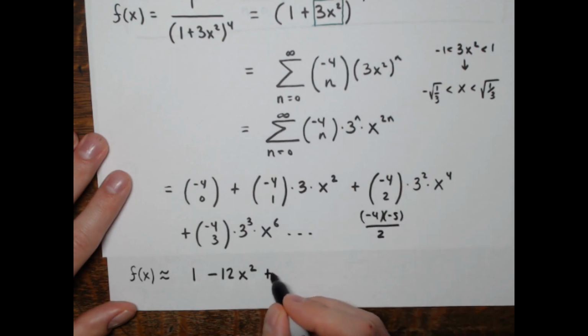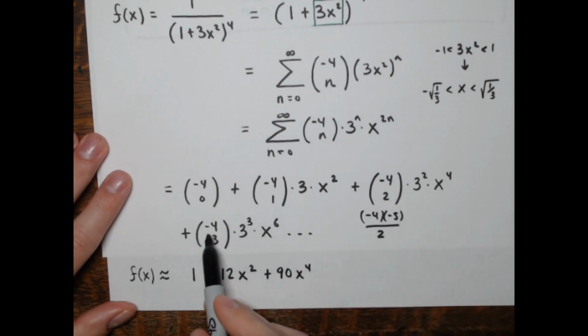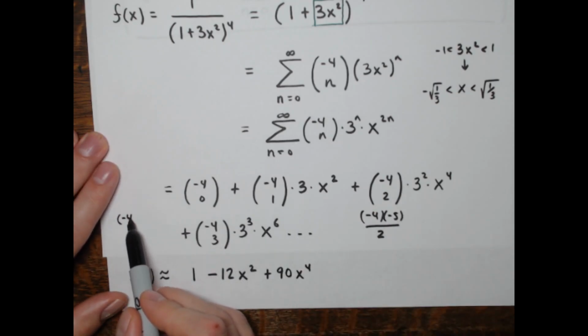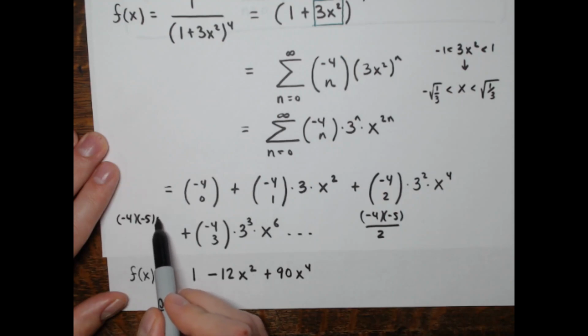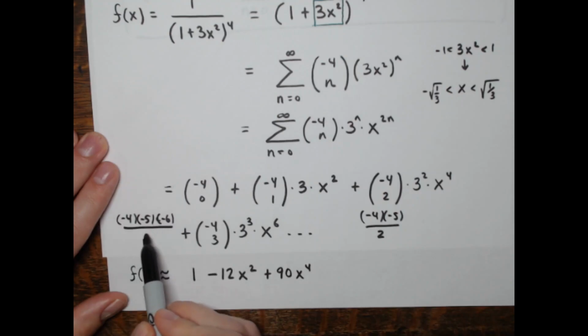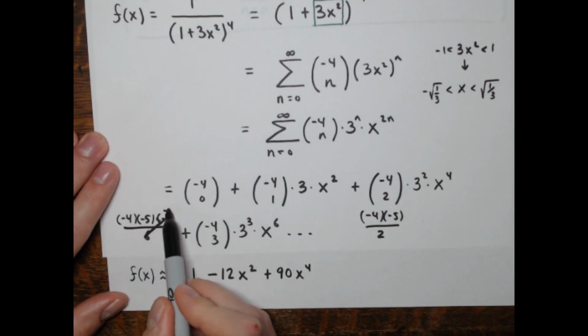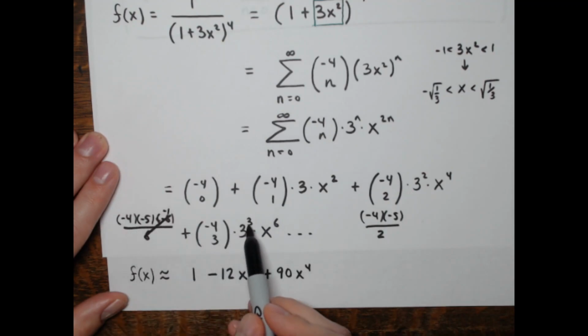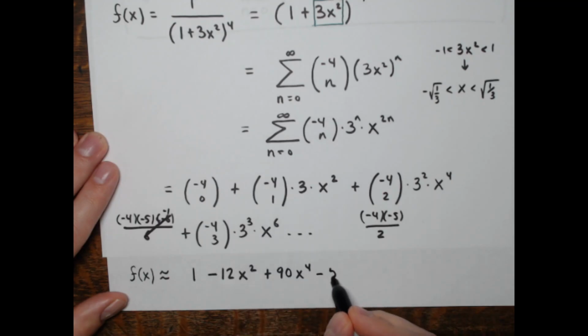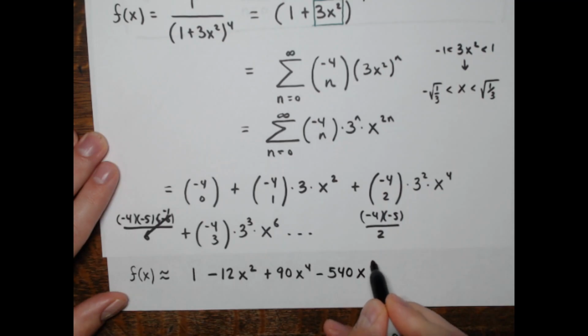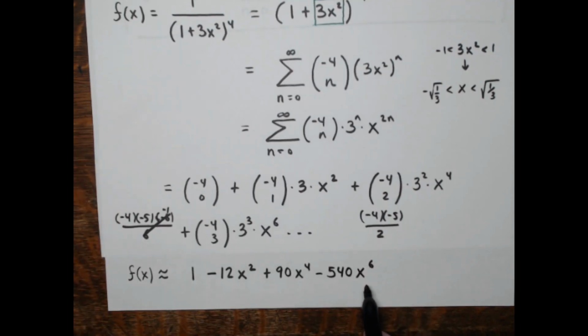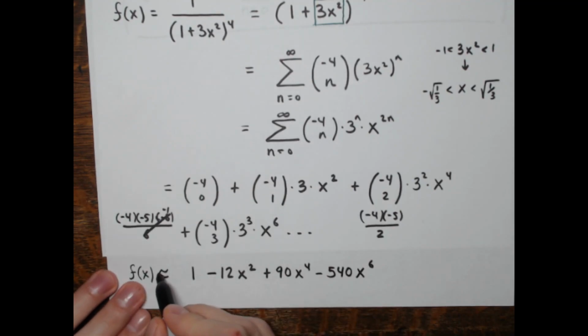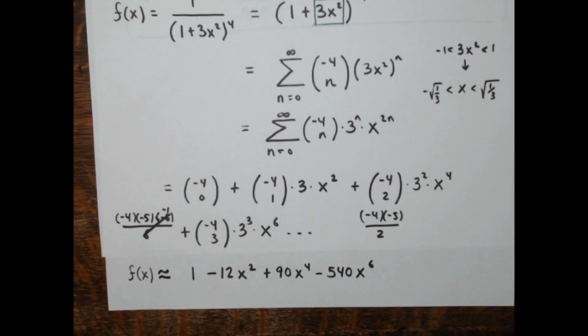So this would be plus 90x to the fourth. And then negative 4 choose 3, we saw in the last one, that's negative 4 times negative 5 times negative 6, divided by 3 factorial is 6, which makes this negative 20 times 27. 3 cubed is 27. So that'd be minus 540x to the sixth. So there's the sixth degree Maclaurin polynomial we're going to use to approximate our function.